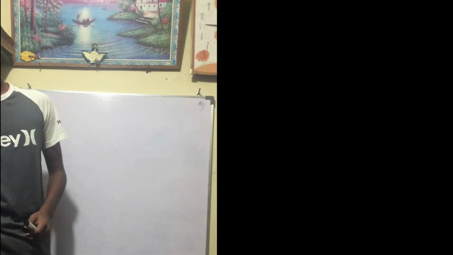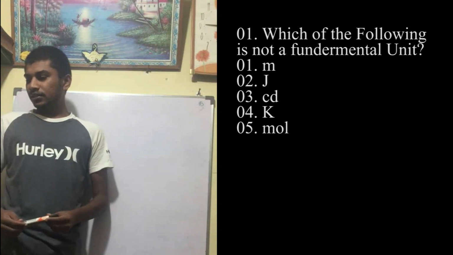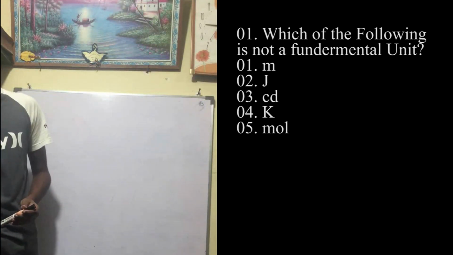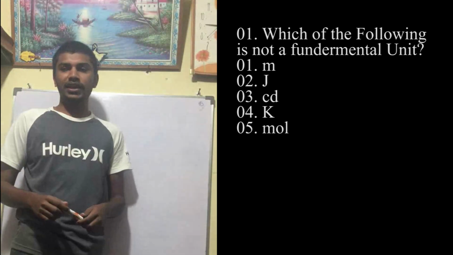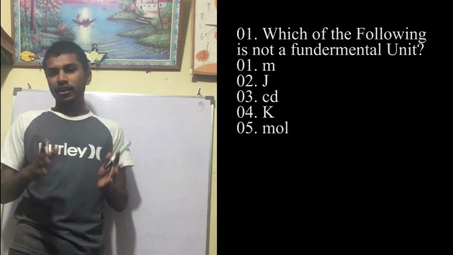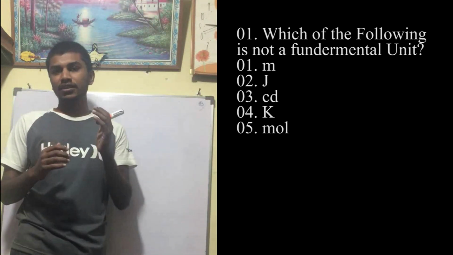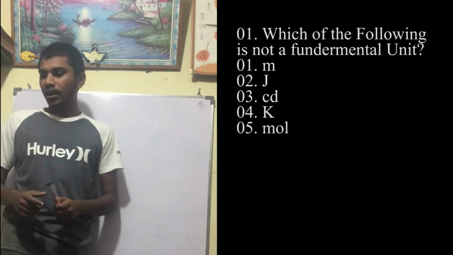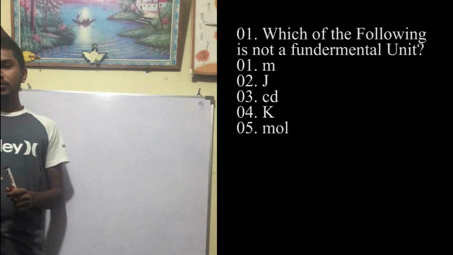And the first question is, which of the following is not a fundamental unit? Okay guys, so this is the basic of advanced level physics, and in all the past papers you will be getting the first question under this category. As you know, we have 7 fundamental units.